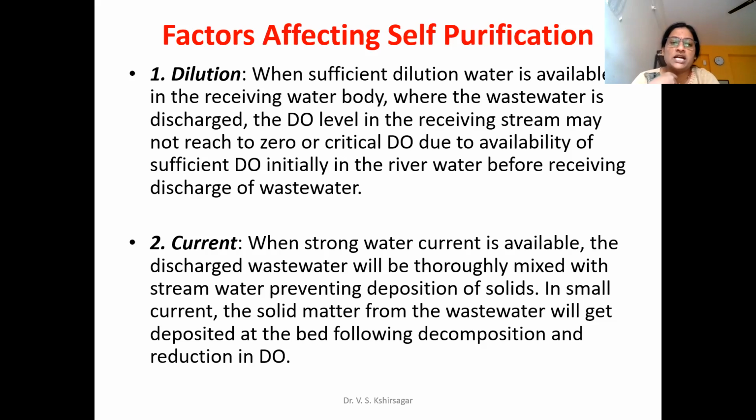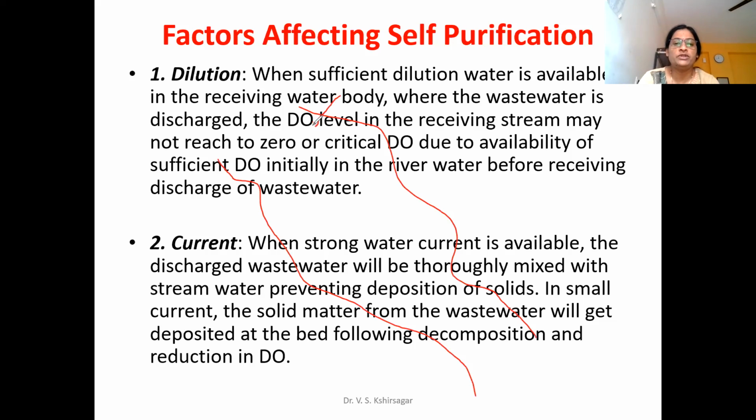Where the wastewater is discharged, the DO level in the receiving stream may not reach 0 or critical, due to the availability of sufficient oxygen initially in the river water before receiving the discharge of wastewater. In short, I will show you: this is a river and this is the spot where you are disposing the sewage.